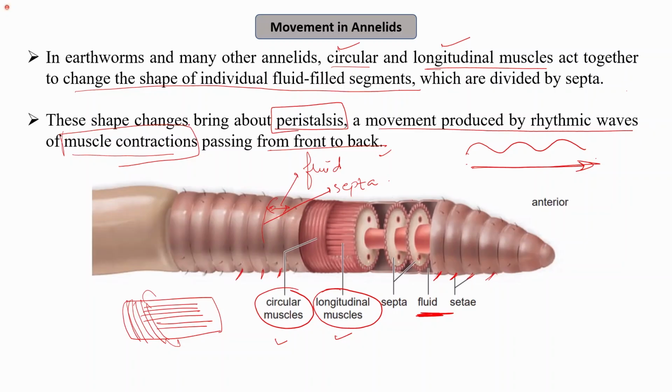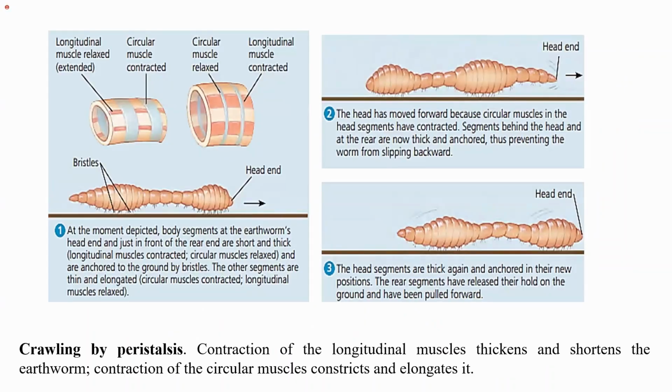So the movement is produced by the rhythmic waves of muscle contraction from front to back, and this is known as peristaltic movement. This is how the crawling by peristalsis takes place. As I mentioned, they have longitudinal muscles and circular muscles. This is the state when the longitudinal muscles are relaxed.